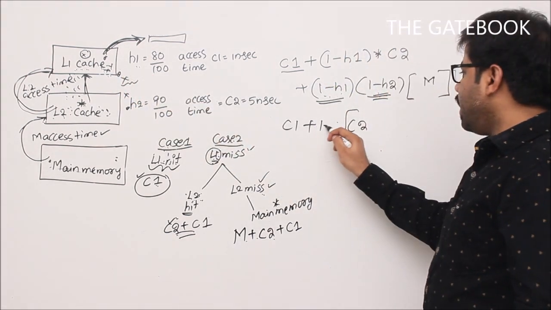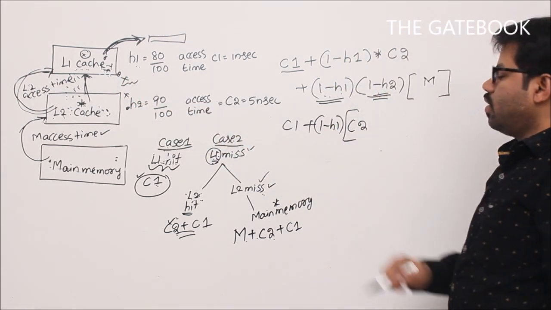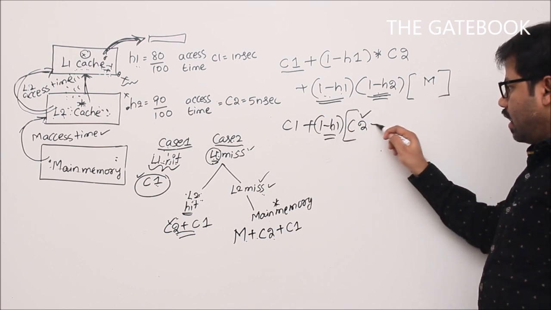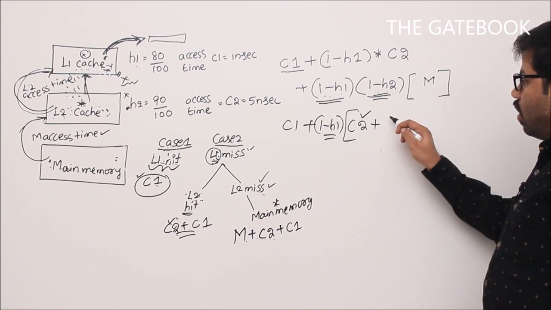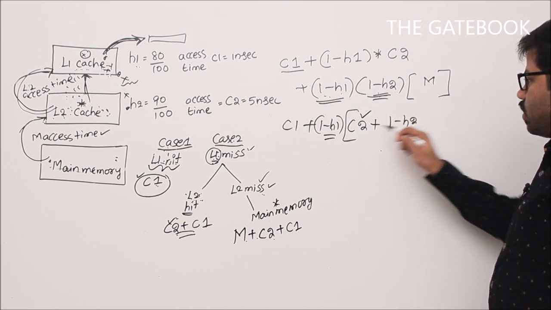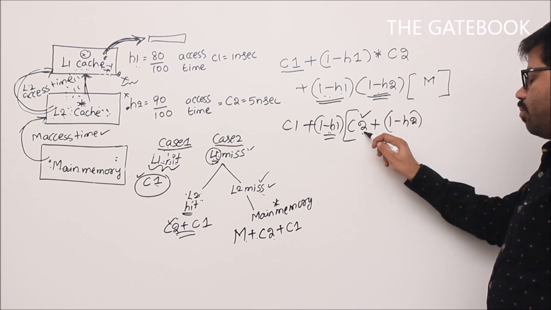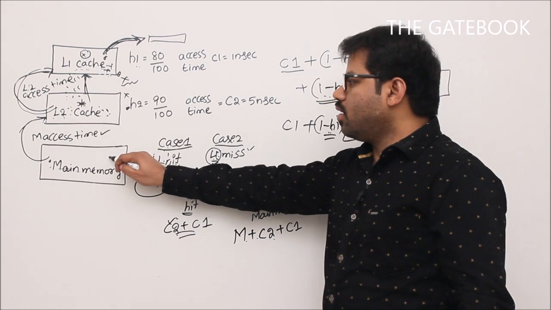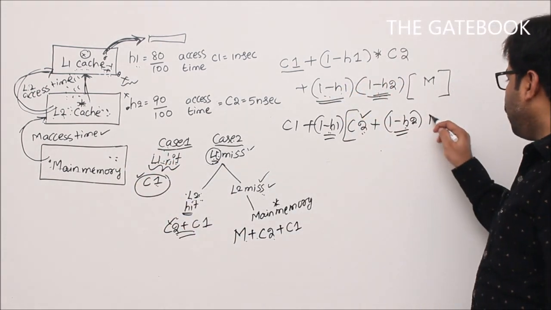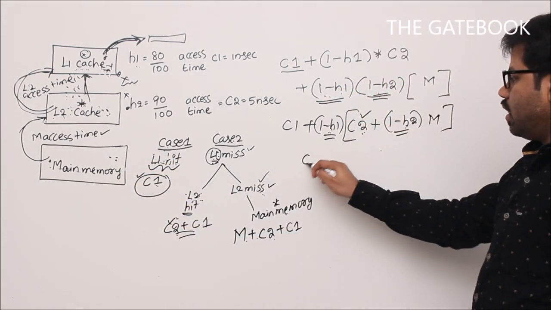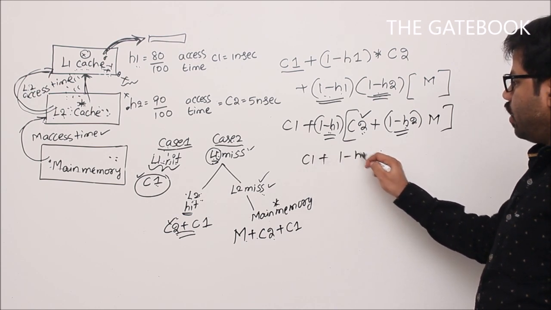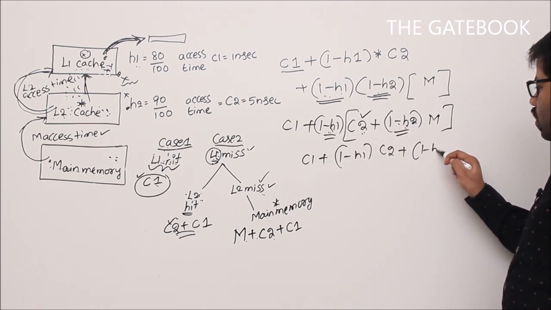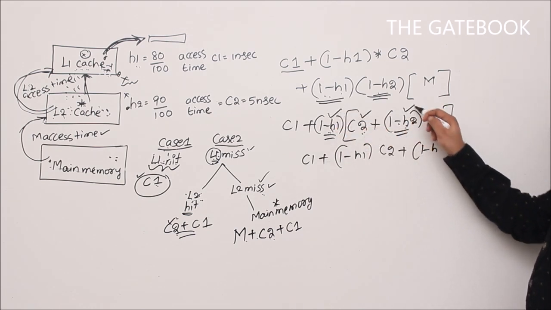What is the percentage of time you miss? 1 minus H1. Now in that 1 minus H1, C2 will compulsorily occur. Second one, in this 1 minus H1, C2 is compulsory, but 1 minus H2 times you will be accessing main memory, correct? That's why, what is the main memory access time? M. If you simplify it, C1 plus 1 minus H1 into C2 plus 1 minus H1 into 1 minus H2 into M. In this rare case, M will occur.